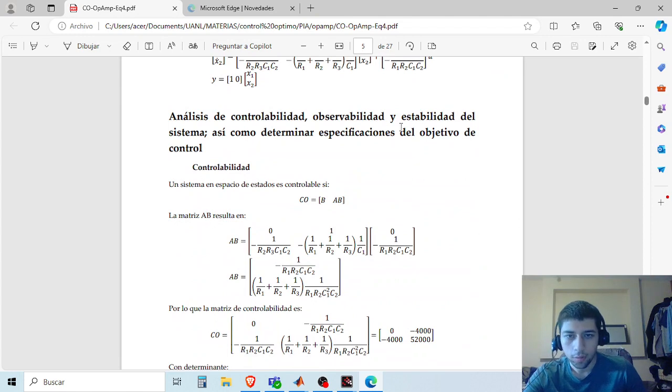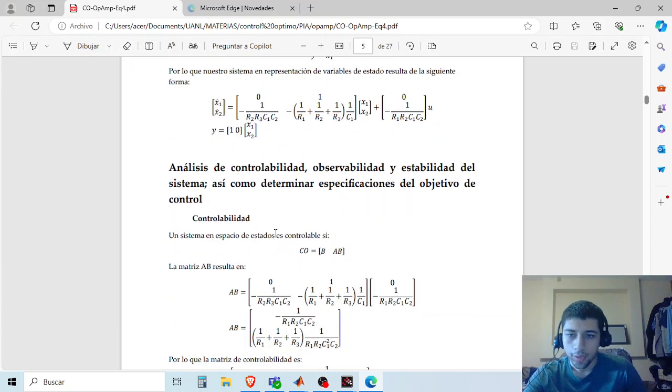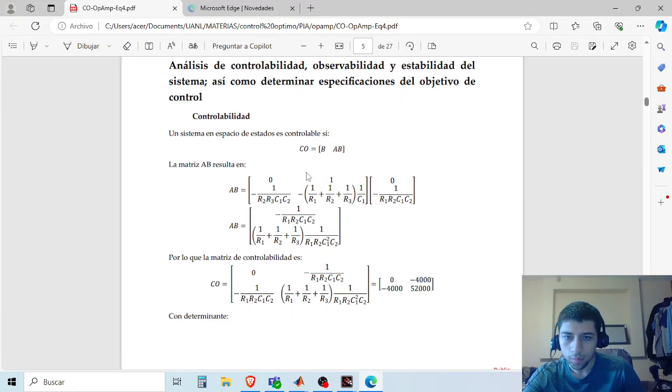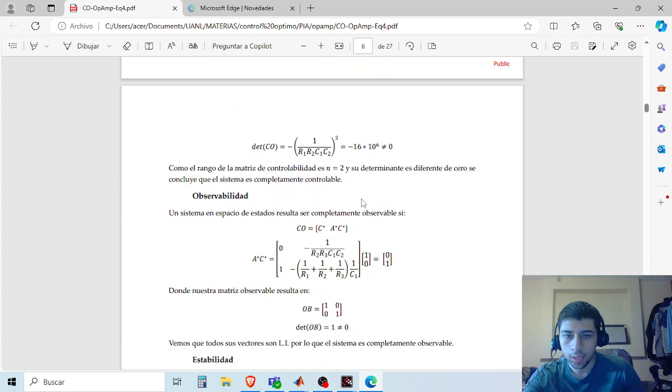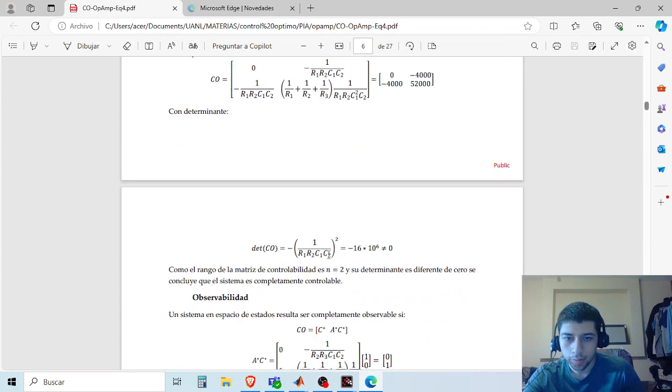Okay, so once we have our model in a state space representation, what we are gonna do is confirm if this model is controllable, observable, and also analyze the stability of the system. So for controllability, we need to obtain this matrix and see if its rank is different from 0, and it turns out it is.